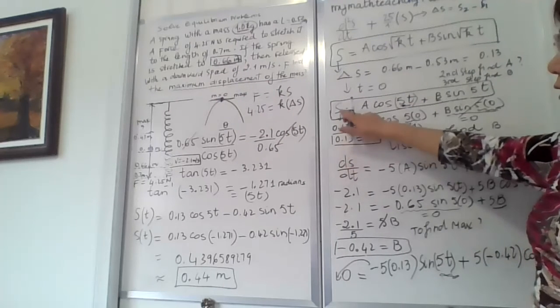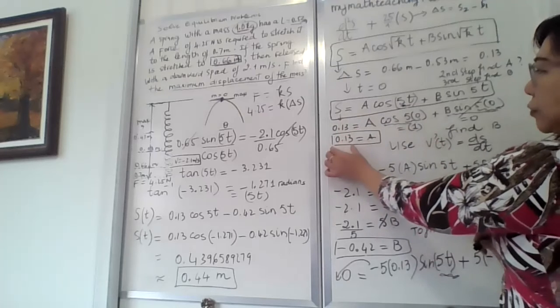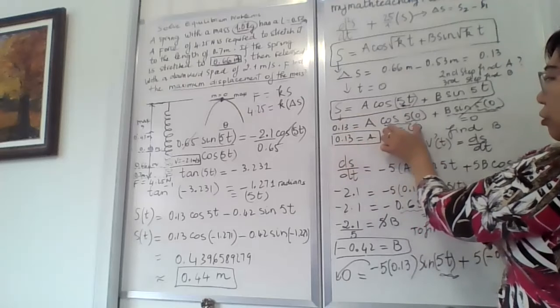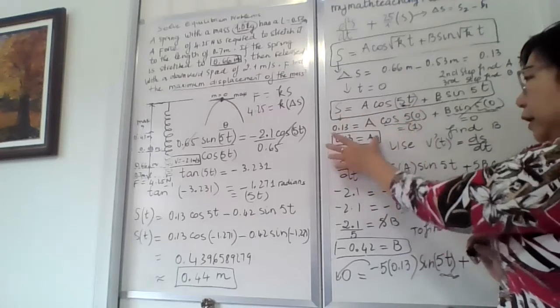This equals 0.13 meter, equal to A times cos ωt. We substitute t by 0 to find A.